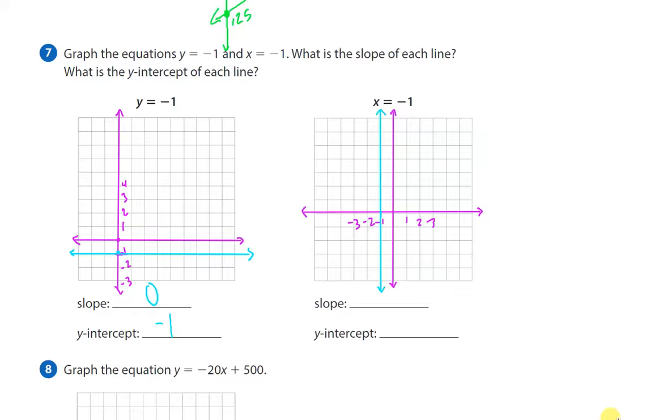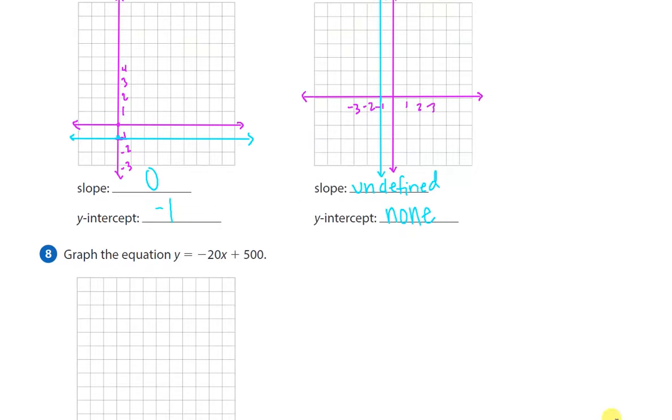And what did it say the slope was for a vertical line? It said it was undefined. And my y-intercept, does it intercept the y ever? They're parallel. They never intercept. There is no y-intercept. None. Getting fancy with our no slope lines.